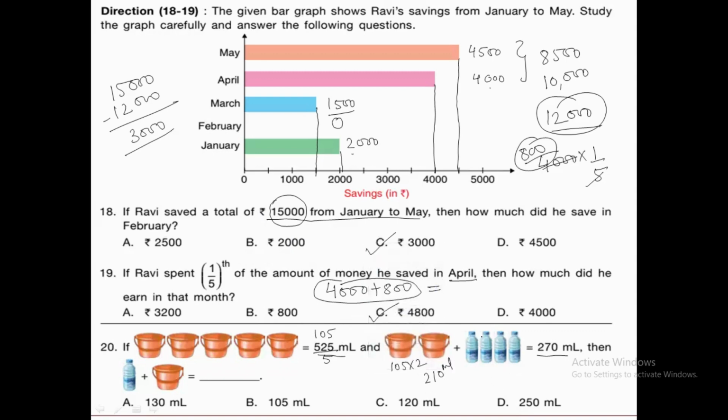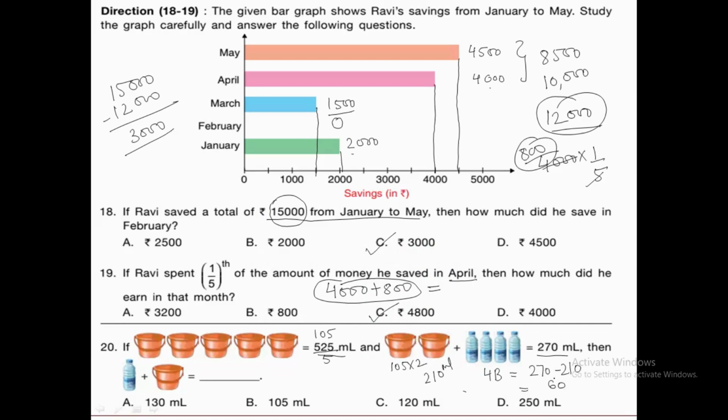Okay, now the value of 4 bottles, if we add it with 210, we will get 270. So what do we need to do? For the value of 4 bottles, we subtract 210 from 270, and we will get 60. Okay, so we can say the value of 4 bottles is 60.